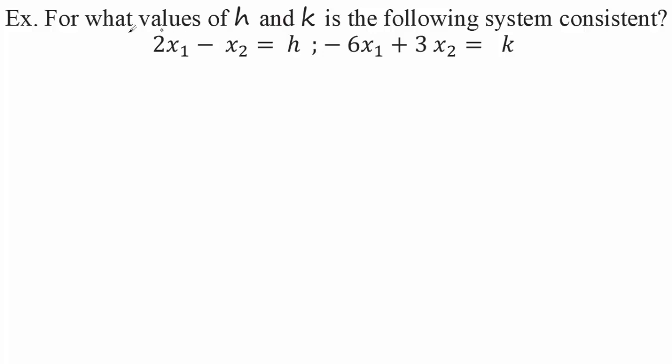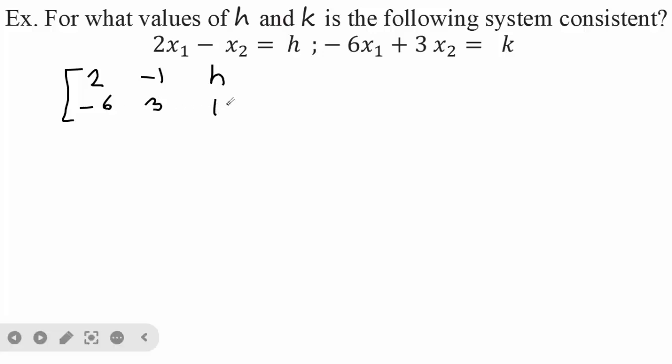Next example: for which values of h and k is the following system consistent? We shall try to write the augmented matrix: 2, -1, h; -6, 3, k. Now we shall write this in triangular form. Therefore, we shall try to make this element 0.